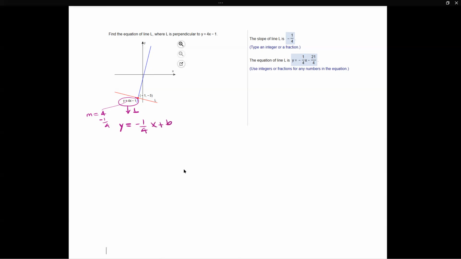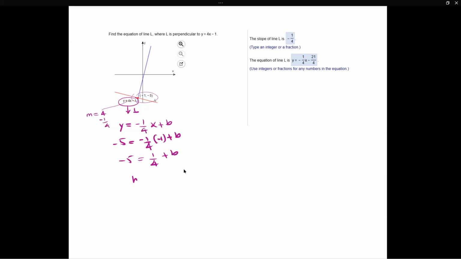And we don't know the y-intercept, so we're just going to call it b at this point. But we know from the graph it passes through the point negative 1, negative 5, which means x is negative 1 and y is negative 5. And that's going to give us a 1/4 plus b.